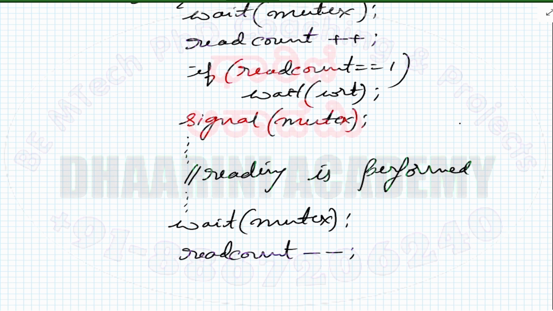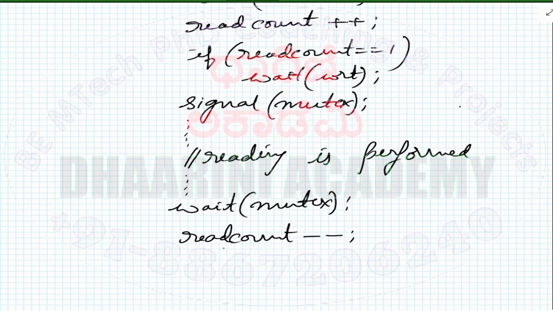Now once again I will check if the read count is equal to 0. I can actually perform the signal of mutex, signal of write WRT, right, because the WRT function I can actually do an increment in that because it's done now. So I'll go with another if condition.